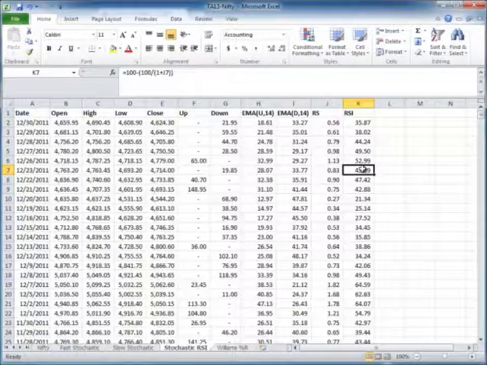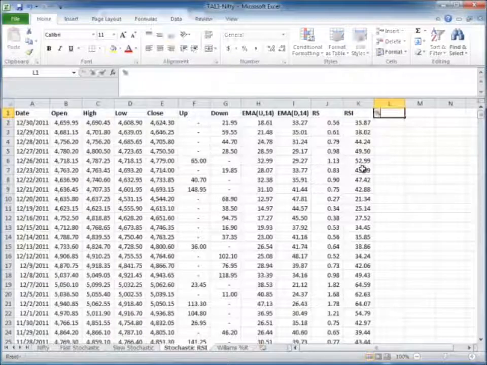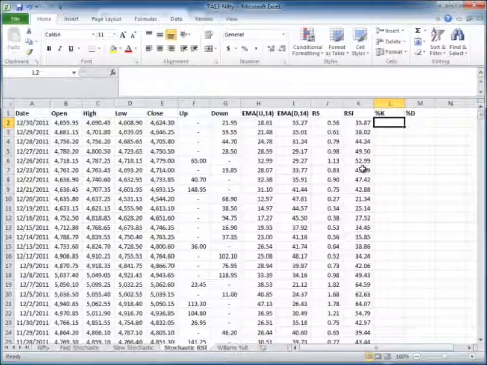So we're going to have to use the minimum and maximum of the RSI itself, right? We don't have highs and lows, but that's fine. So let's go ahead and do that. So to calculate the stochastic, I'm going to have my percentage K line and my percentage D line, just like we did before.